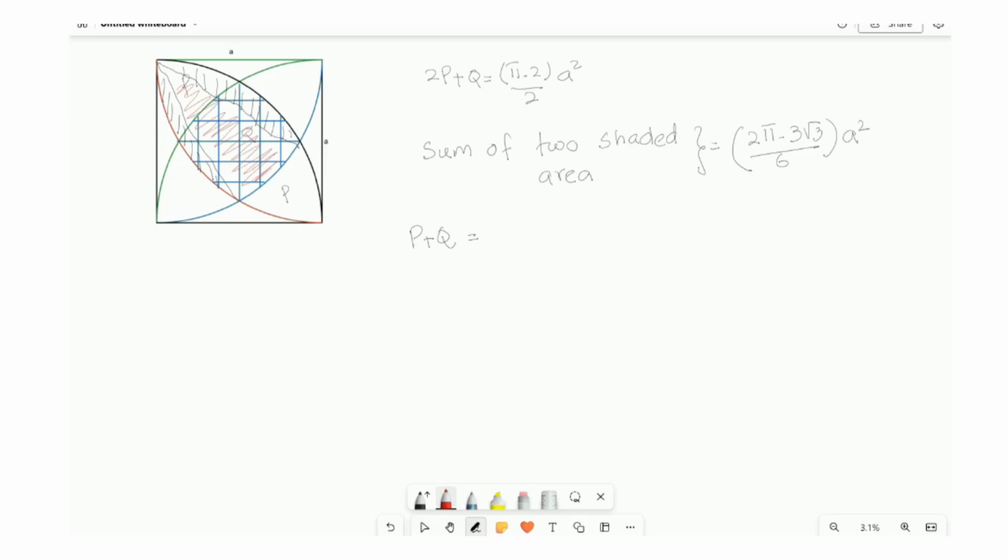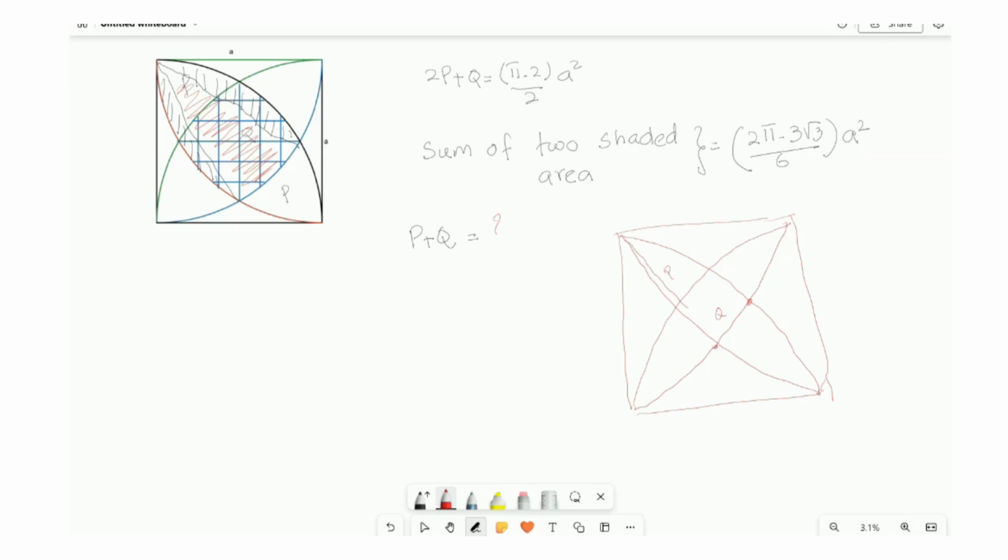Now I will draw this area separately here. It is something like this. So this one is Q, this one is P.